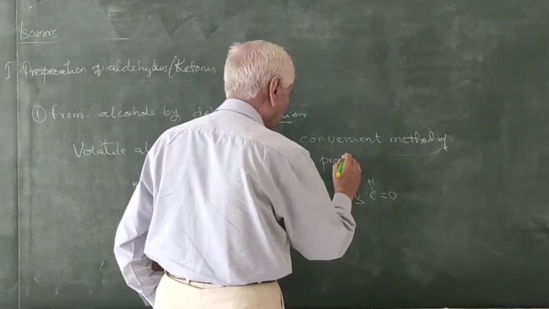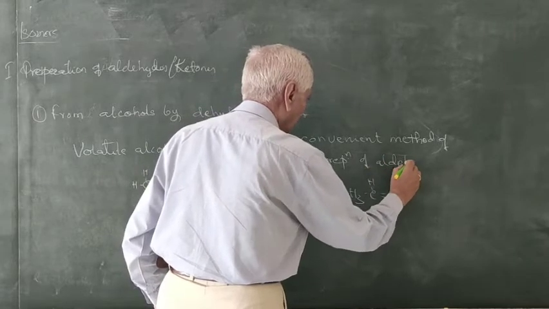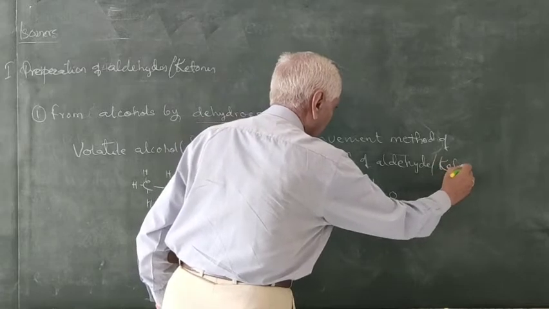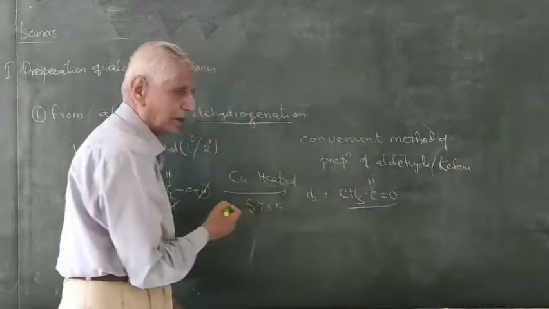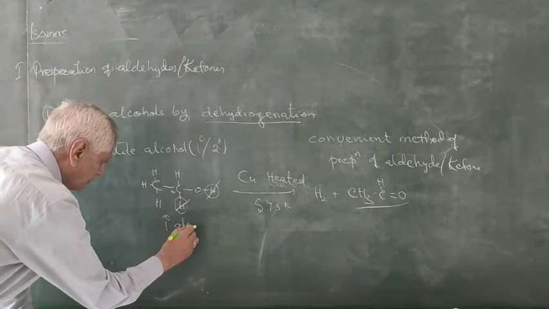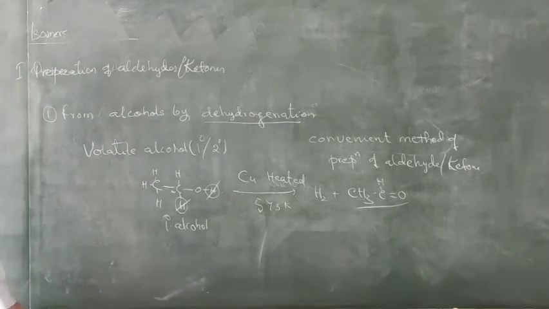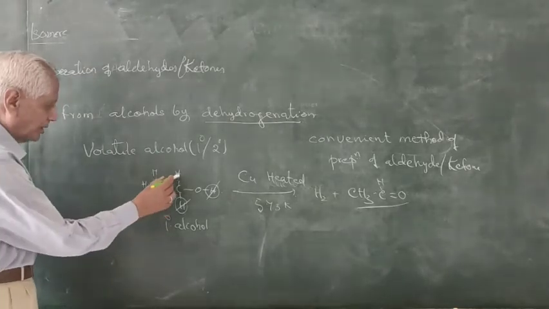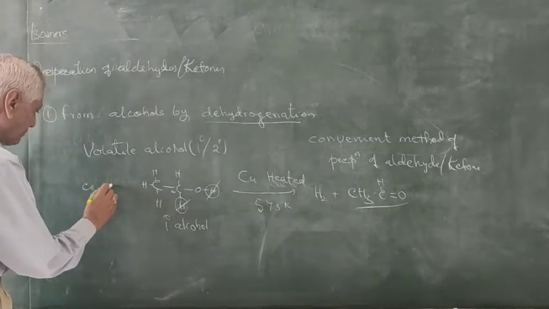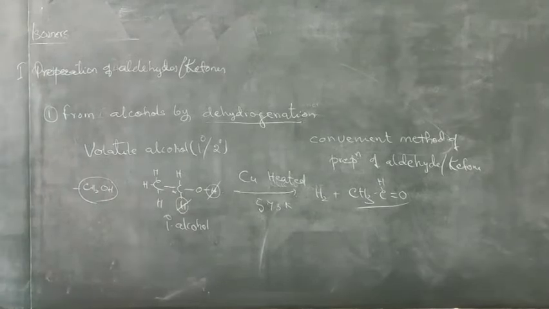Preparation of aldehyde or ketone. Now here we are taking the aldehyde because this is the primary alcohol. What is a primary alcohol? Propanol, CH3CH2CH2OH. The CH2OH group is called primary alcohol.